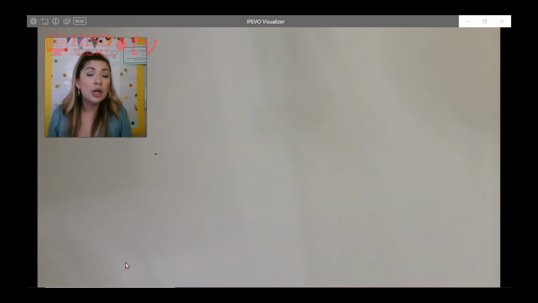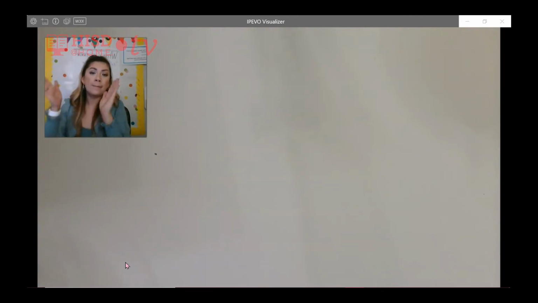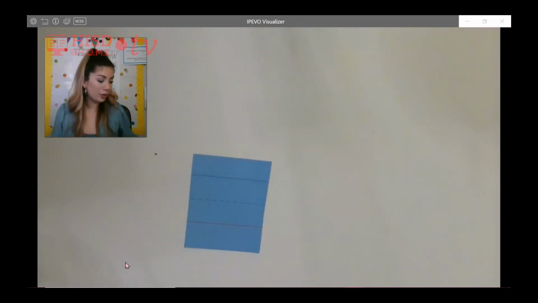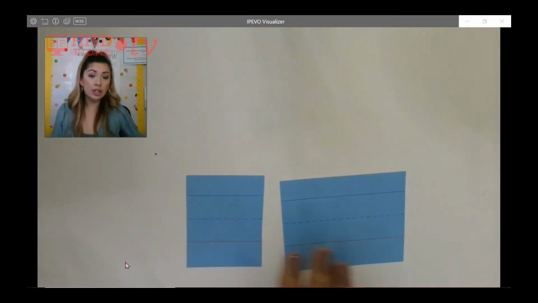The next word we see a lot in school, and we use this for school. Pencil. How many times did you hear me clap? Now let's see how many chunks the word pencil has.